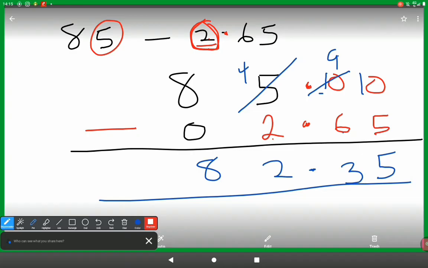Okay, now let's take the last example. What if you have a decimal subtract by a whole number? Something like this. 7.21 subtract 5.